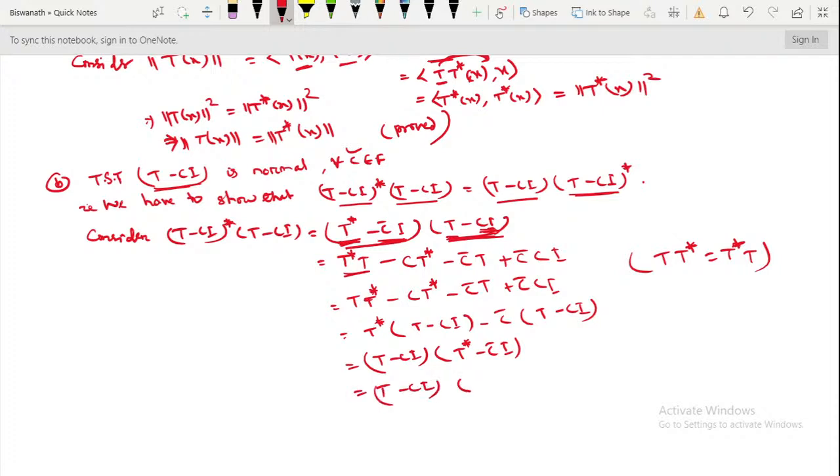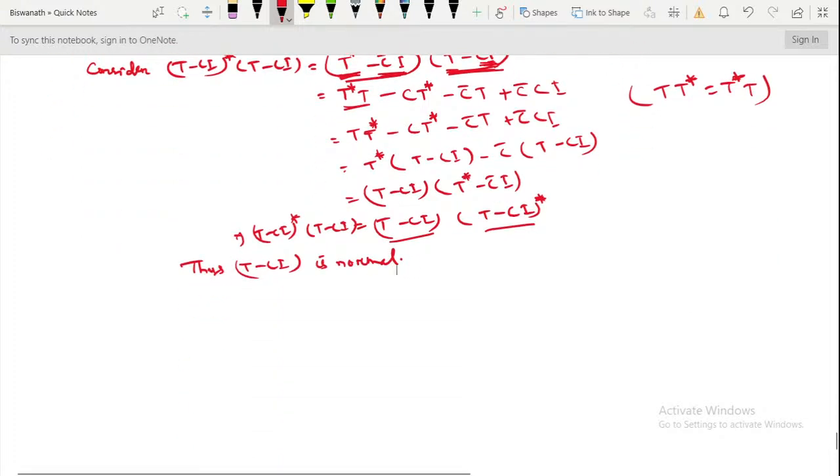This implies (T minus cI)*(T minus cI) is (T minus cI)(T minus cI)*. Since these two products are commutative, we can say T minus cI is normal.